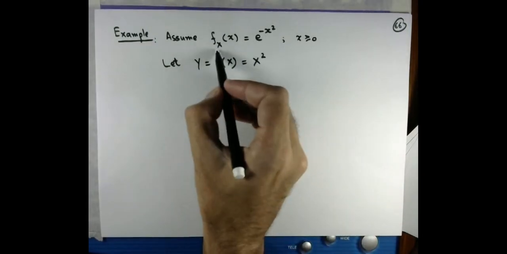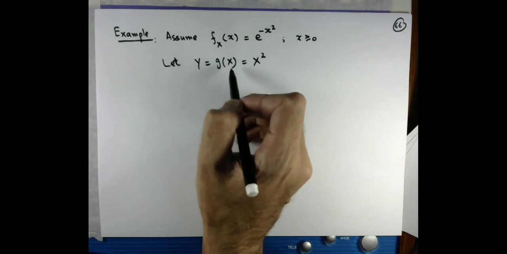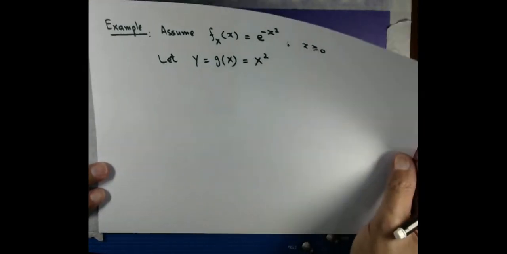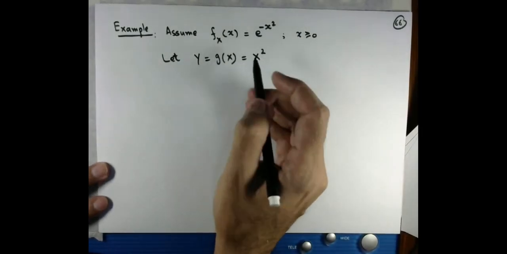So this is the PDF of the parent random variable, the source random variable, and the functional relation between y and x is given as y is equal to x square.